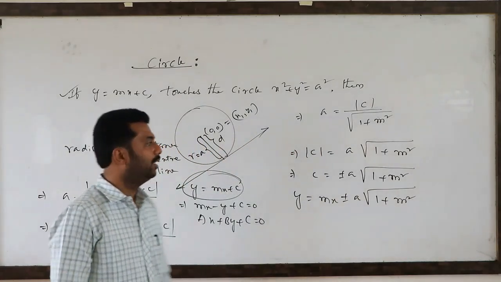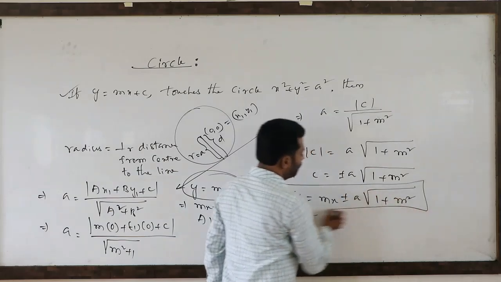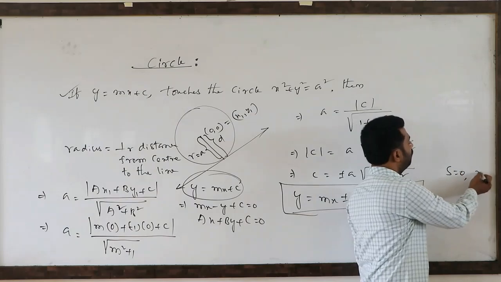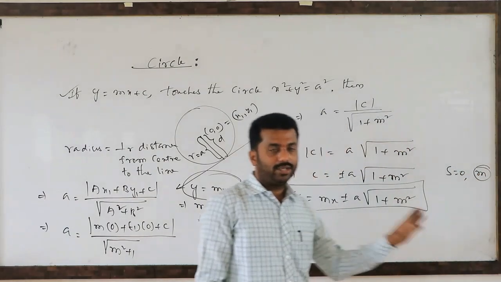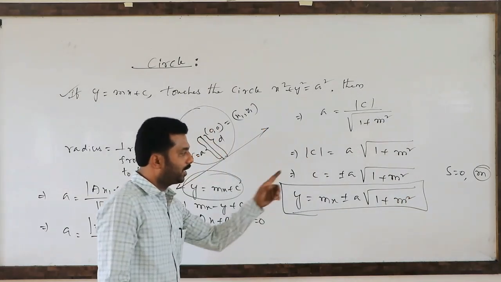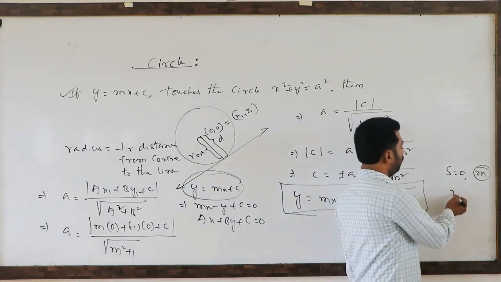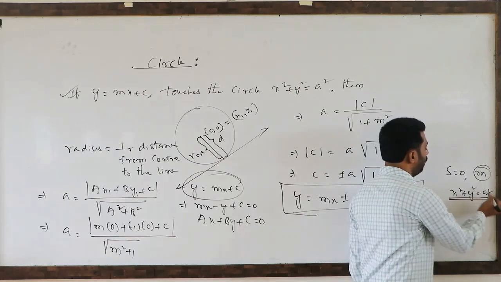Very important. When do we have to use this formula? Whenever the circle equation is given and the slope of the tangent to the circle is given, what is the equation of the tangent? See here, in which cases do we have to use this? The circle equation is given, and the standard form is x square plus y square equal to a square.